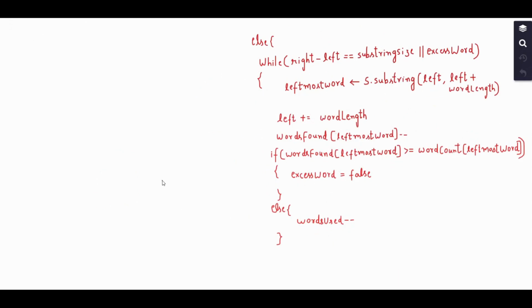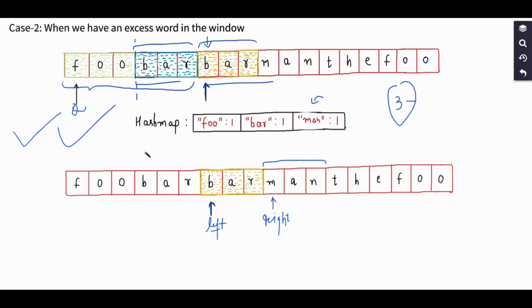Then we have case number 2. In that case, we encountered a repeating word, and if it is the case, then what do we have to do? We move our left pointer until I subtract my repeating word. So what I did here, I found a repeating word at this position, then I moved my left pointer towards the right direction until I do not have any repeating word.